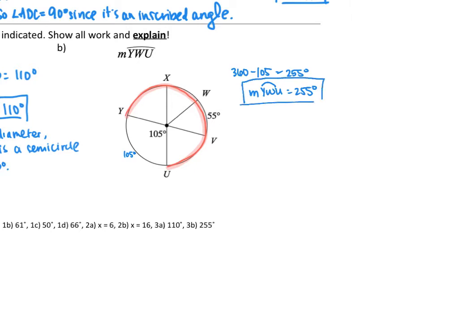So to explain this one, there's a couple things I need to explain. I need to explain how I knew that the angle and the arc were the same, and that's because they're central angles, and then why I subtracted from 360. So let's call this center point D. So angle YZU is a central angle.